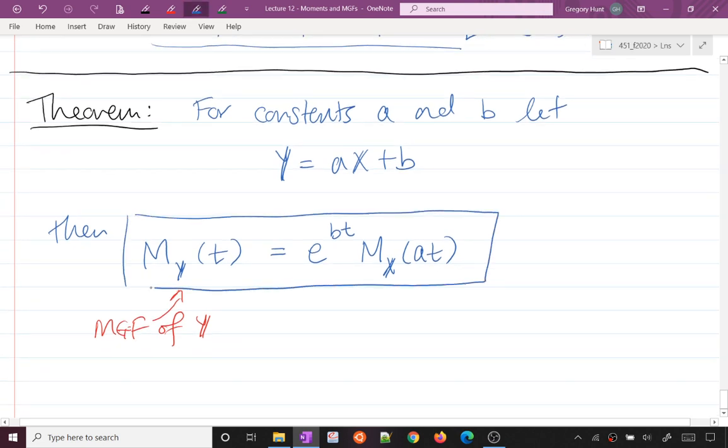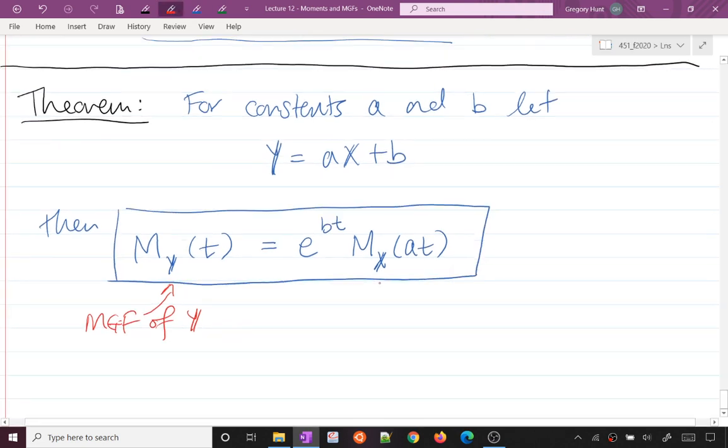I'm going to put this in the box. It's super useful. So m sub y is the MGF of y, and m sub x is the MGF of x, and they're related. If I linearly transform x to get y, then the MGF of y is e to the bt times the MGF of x, not evaluated at t, but evaluated at at.